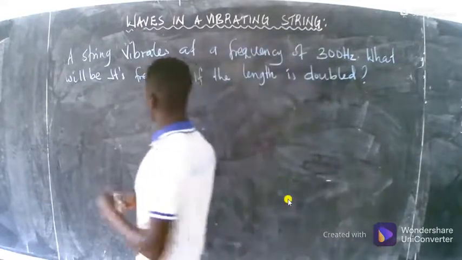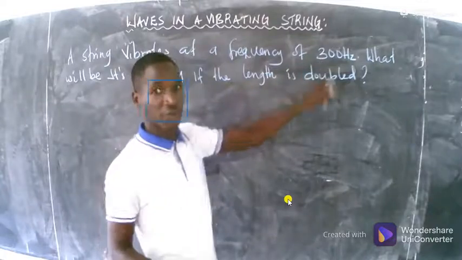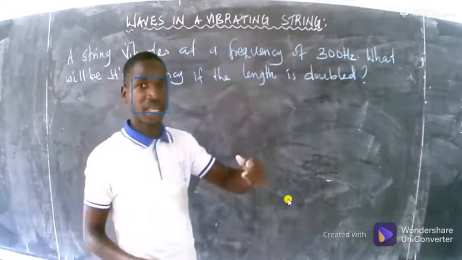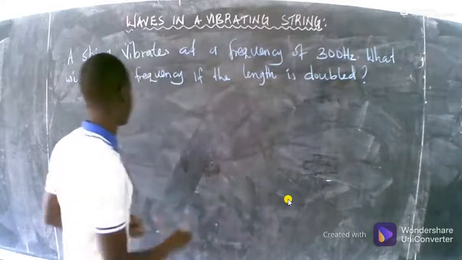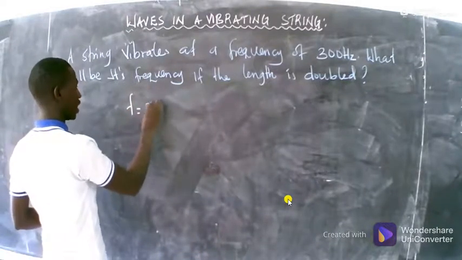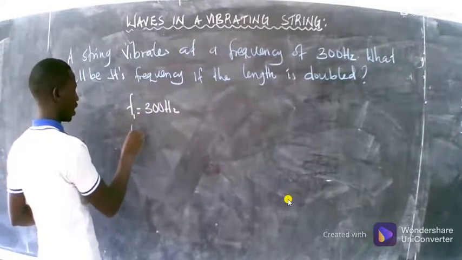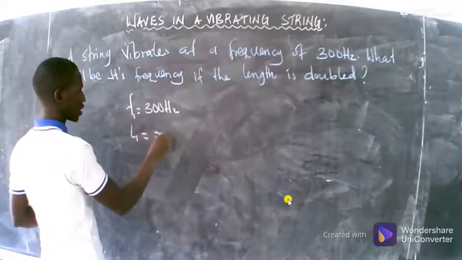Let's say a string vibrates at this frequency. So when it's vibrating at this frequency, let's say the corresponding length is x. So the frequency F1 is 300 Hertz, and L1 is x.